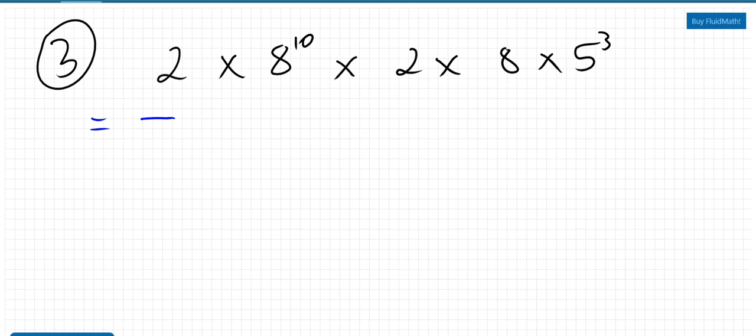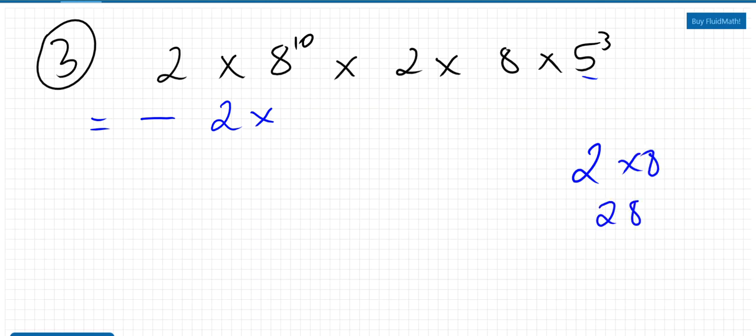Next, your next step is to look at the different bases you have. I can see now I've got different types of bases. There's a 2, there's an 8, and there's also a 5 over here. So we'll write down the bases from smallest to largest. You don't have to, but that's the way we do it in maths. So I'm going to write 2, but please write times in between them, because if you don't write times in between them, if I have, for example, 2 times 8, it'll look like 28.